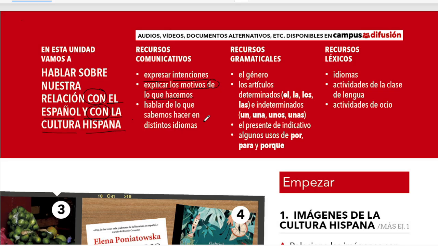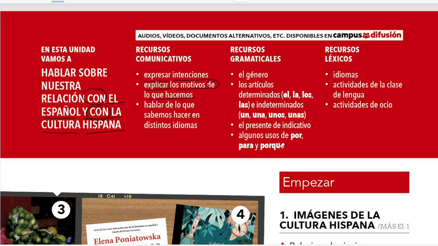Now, gramaticales: el género, los artículos determinados, indeterminados, el presente de indicativo. The present tense we will cover, and we will talk about various verbs and conjugation. Algunos usos de por, para, porque. Now, these three, por, para, porque, are extremely important in Spanish, and they sometimes have the same meaning, but their uses are different.